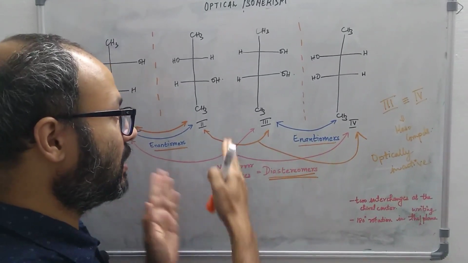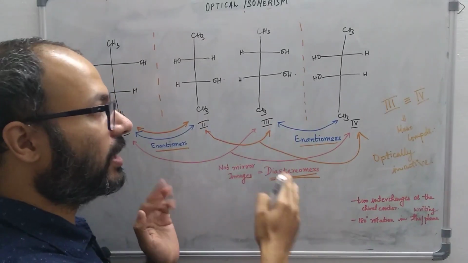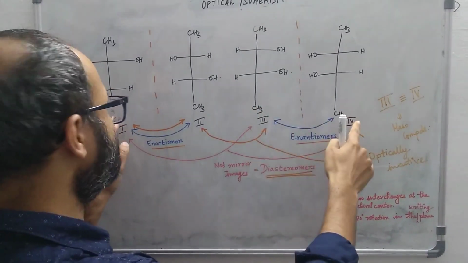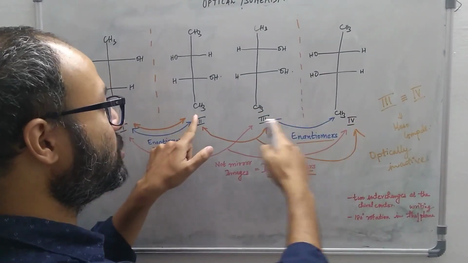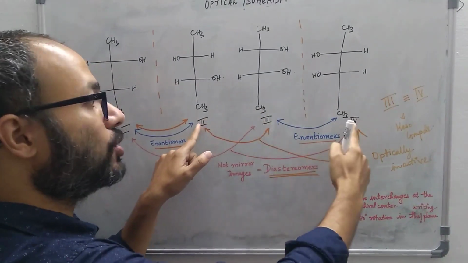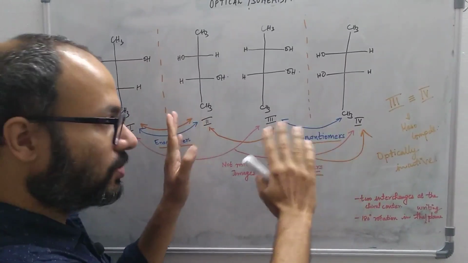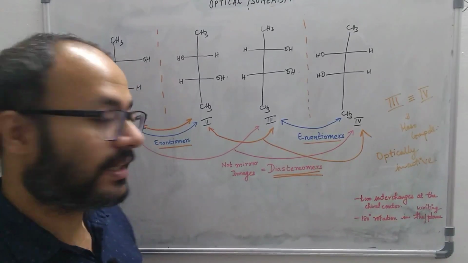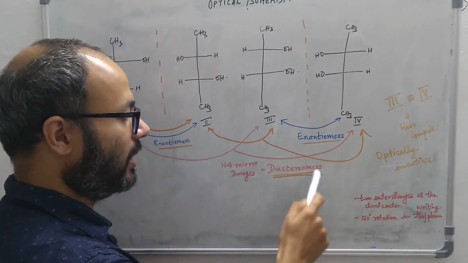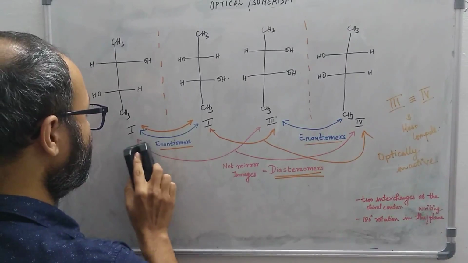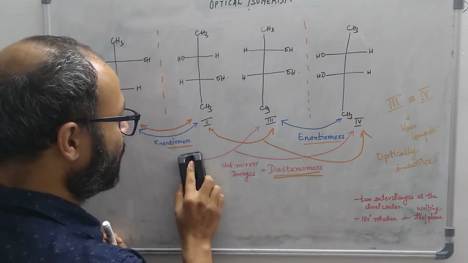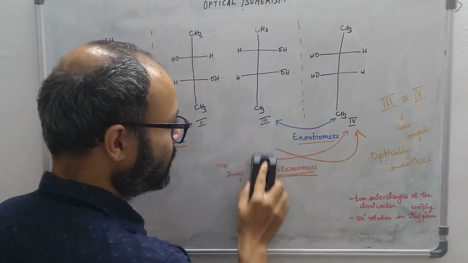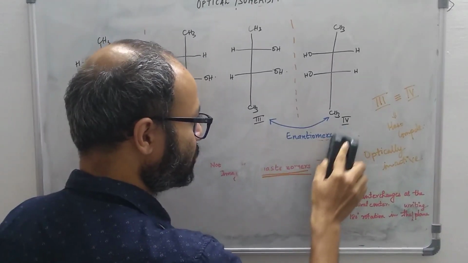So these two compounds would be diastereomers, and 2 and 4 would be diastereomers. Such compounds where there is no mirror image relationship are called diastereomers. That terminology you have to keep in mind. Let me remove this now and move on with other discussion among these stereoisomers.